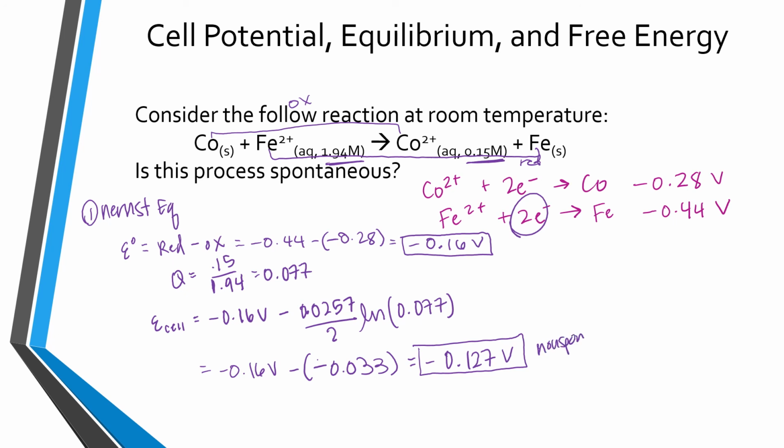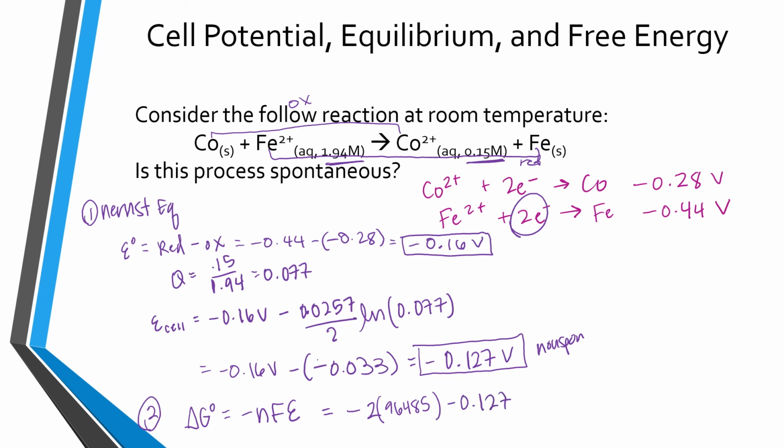Now, if the question asked me to justify if it was spontaneous or not by calculating delta G, then we can also do that. We're going to have negative 2 times Faraday's constant, 96485, times my cell potential.